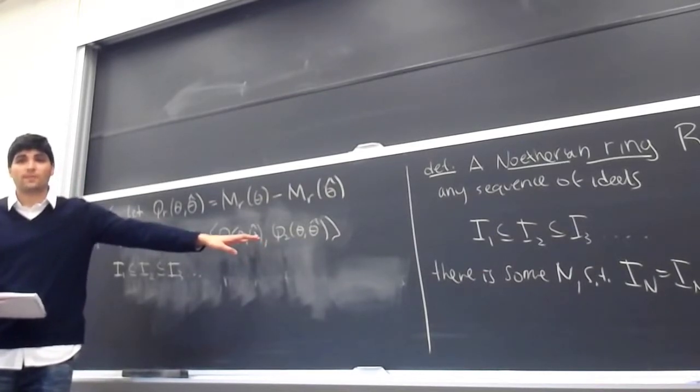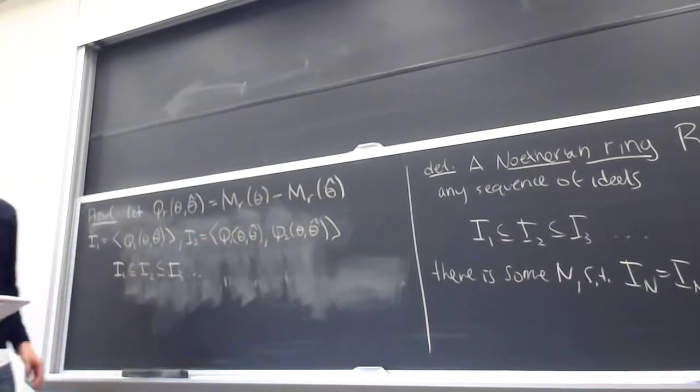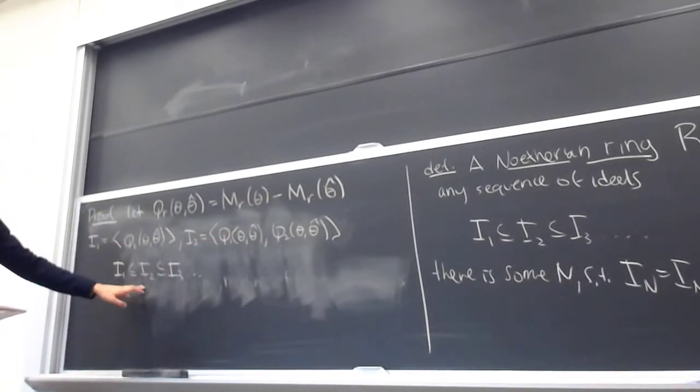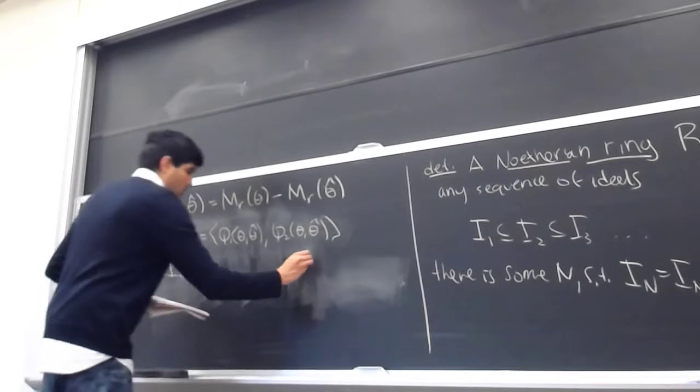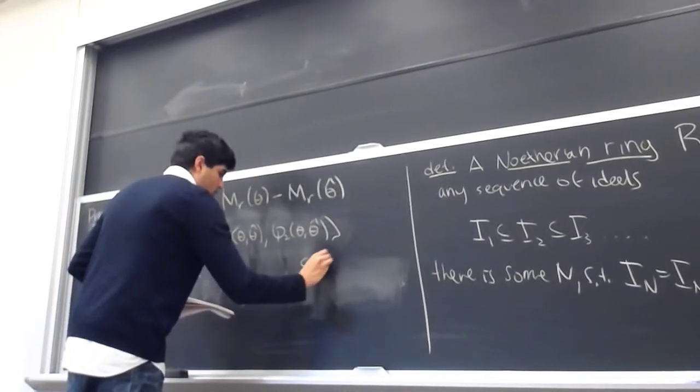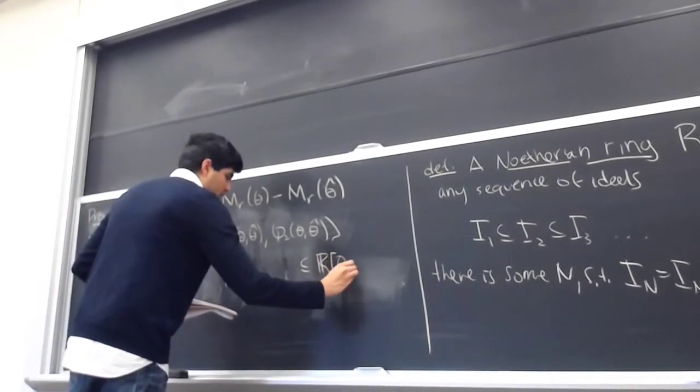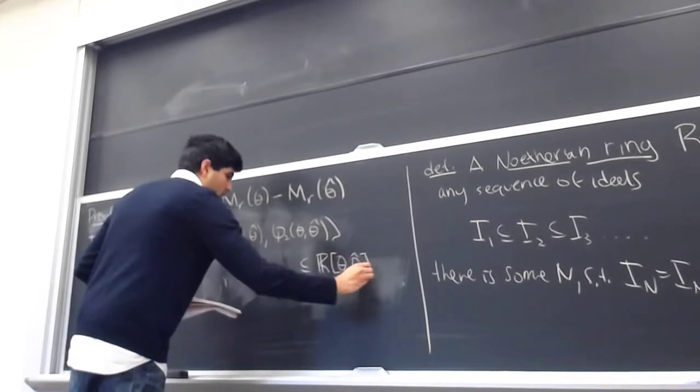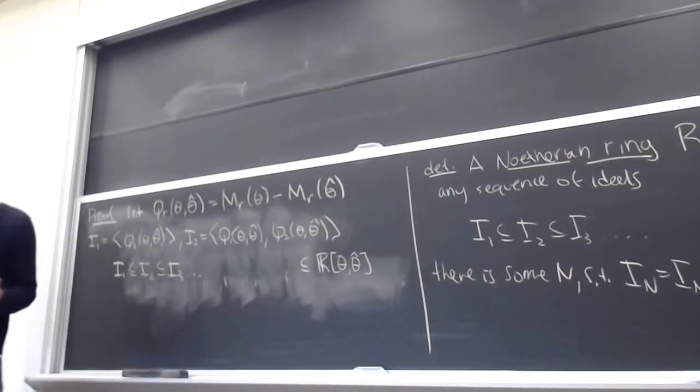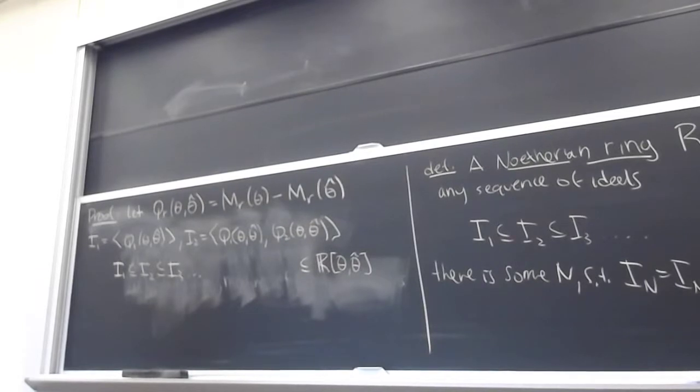That's it, right? But now what we have is that these are all members of the ring of polynomials over the variables in theta and theta hat. They're formal polynomials whose coefficients are reals and whose variables can come from either of these two vectors, theta and theta hat.